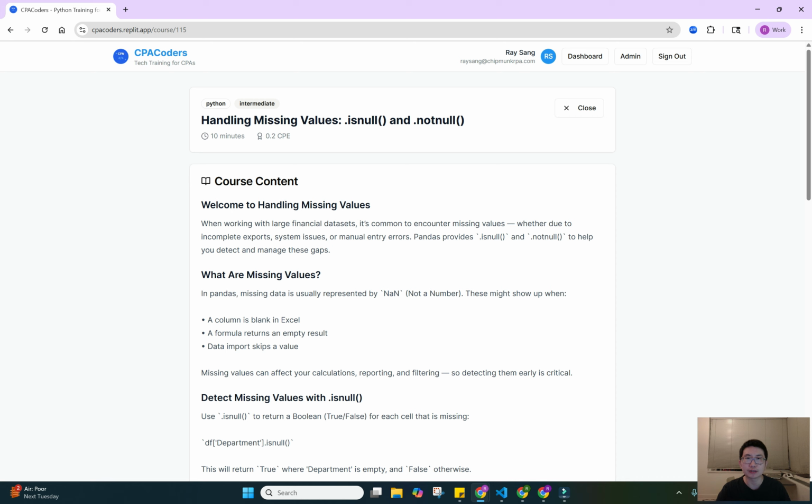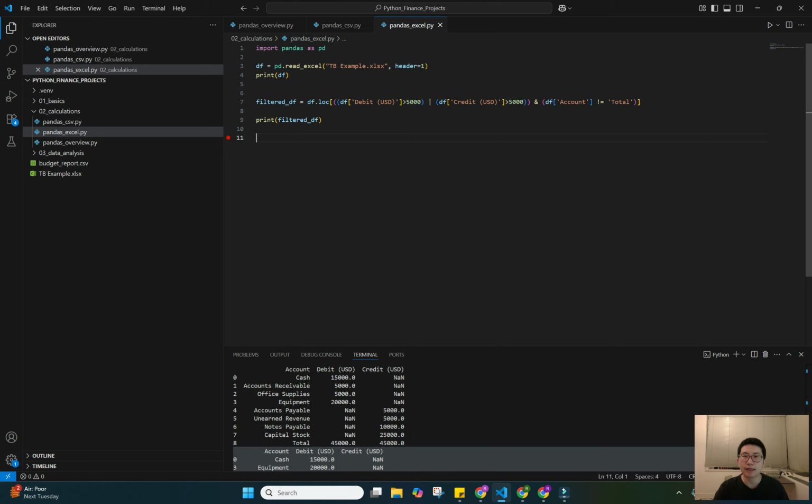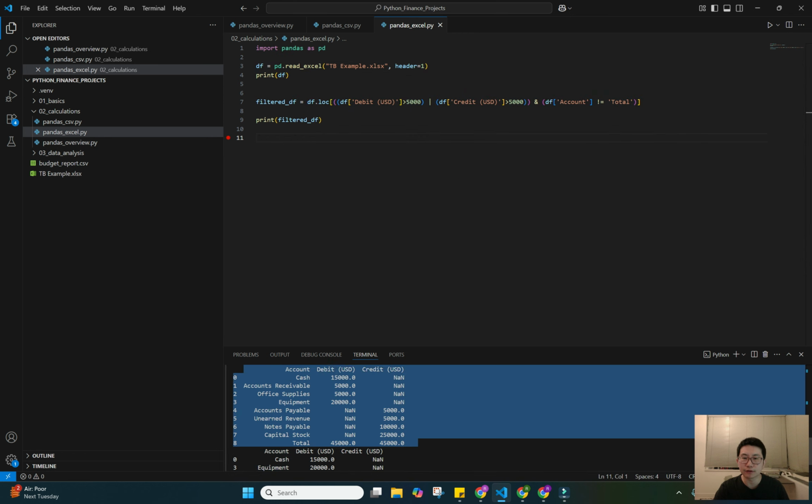So let's go to VS Code and practice with isnull and notnull to see how we can use those methods to quickly locate those records. Continuing with our trial balance example from earlier. Remember last time we used the read_excel method to create this data frame. And when we print this data frame, the trial balance looks like this.